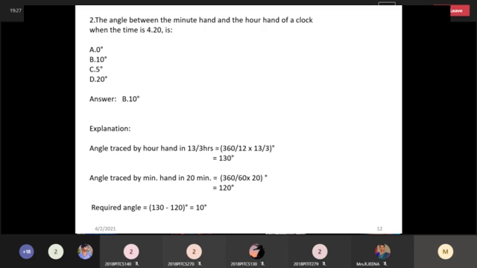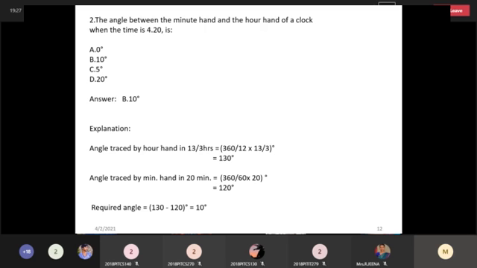Angle traced by the hour hand in 13 by 3 hours is equal to 360 divided by 12 into 13 by 3 degree, that is equal to 130 degree. Angle traced by the minute hand in 20 minutes is equal to 360 divided by 60 into 20 degree, that is equal to 120 degree.